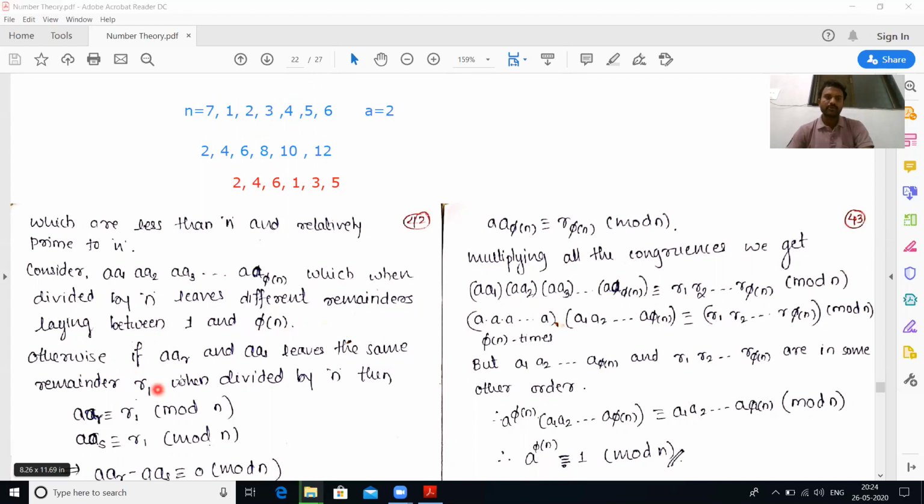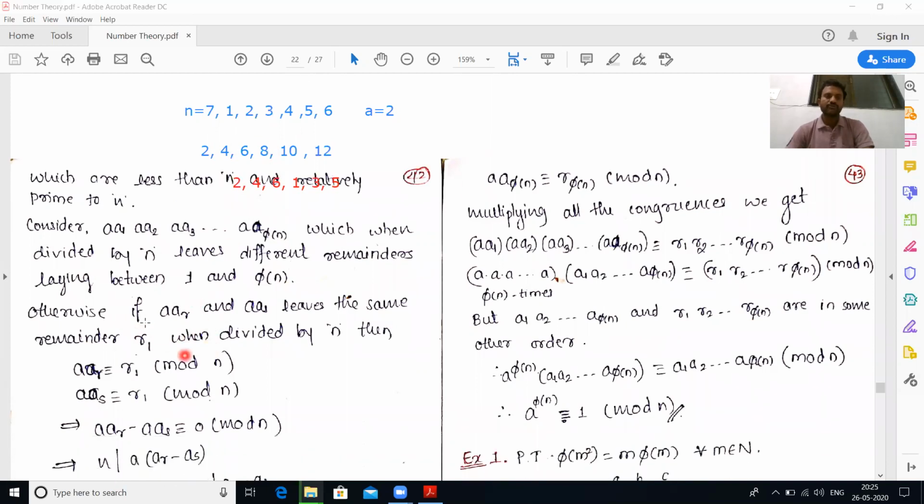Otherwise, in general, suppose any two of these remainders are equal, that is a·ar and a·as leave the same remainder r1 when divided by n.